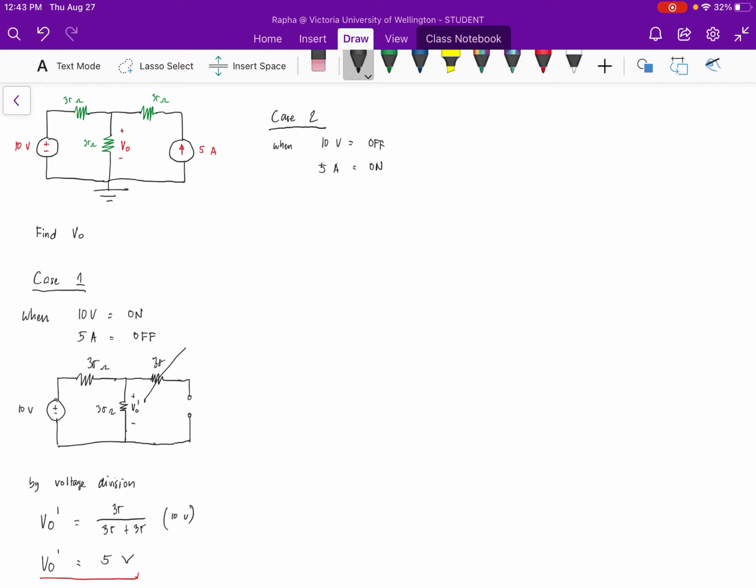In dealing with a voltage source, we will short circuit the voltage source like this one, then draw the rest of the resistor network, and the current source will remain. So we have 35, 35, 35, then 5 amperes.